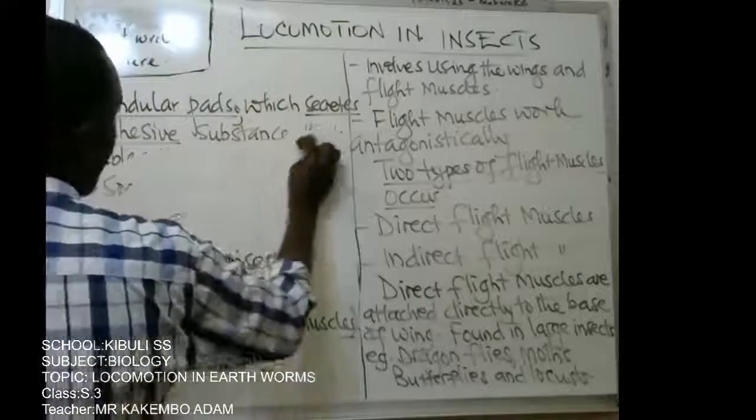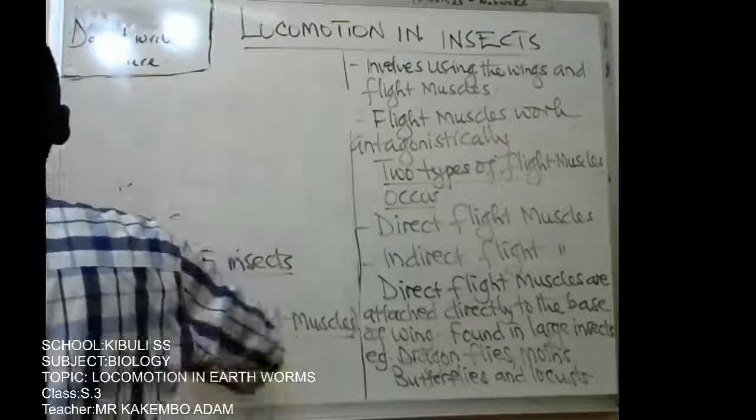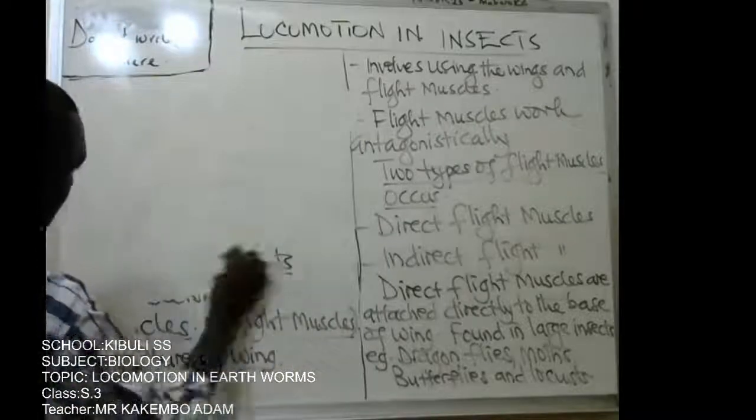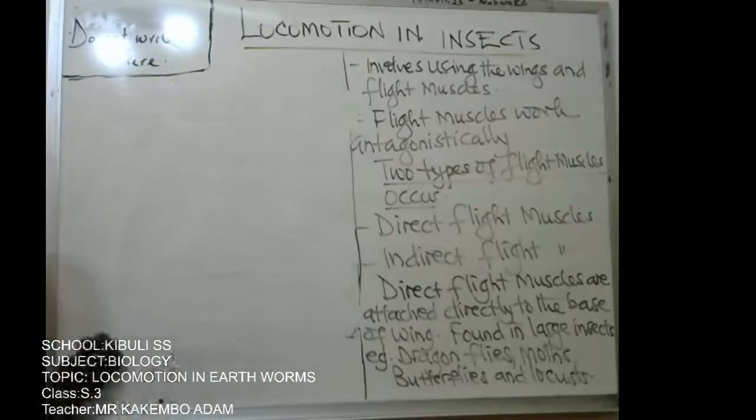The indirect flight muscles are the ones which are attached to the roof.